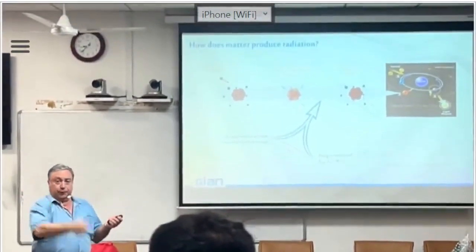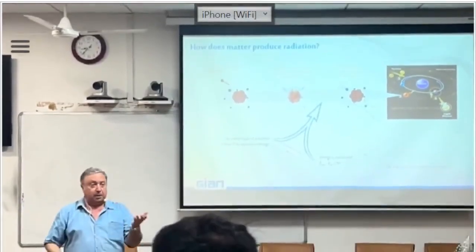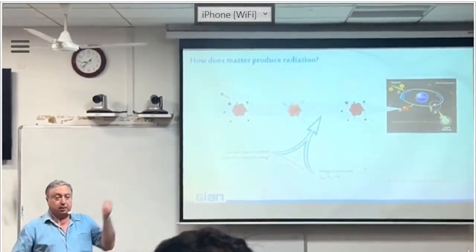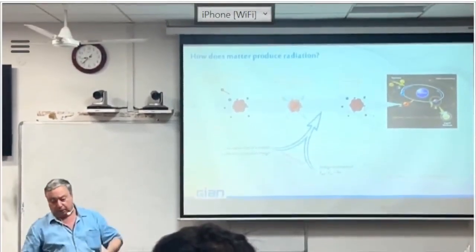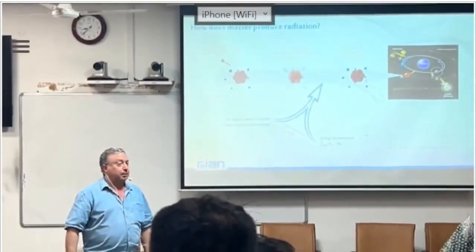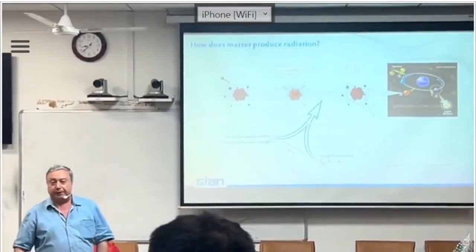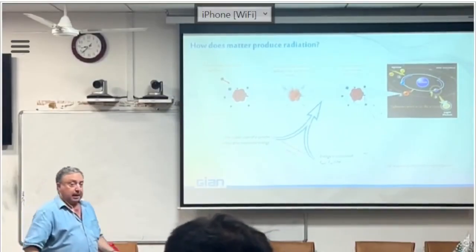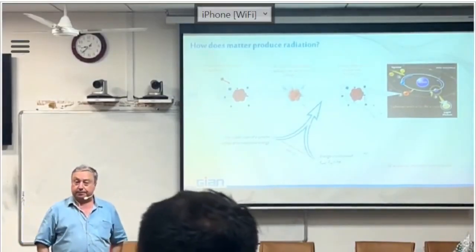Now, if you hit the atom, if you offer it energy, you can do it by heating, by sending electrical shocks, even, if you are strong enough, you can hit a single atom. If you knock with a knob, maybe you can do it. Then you offer energy to the atom, and you can excite it.